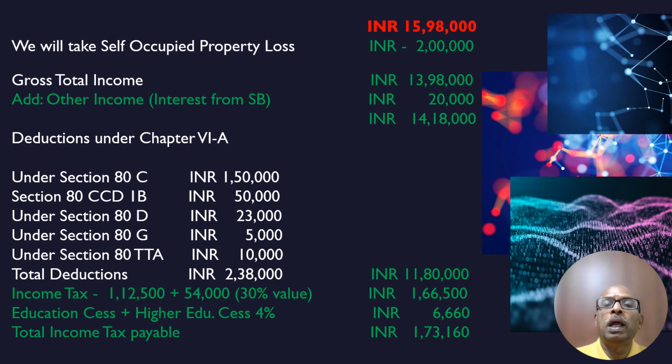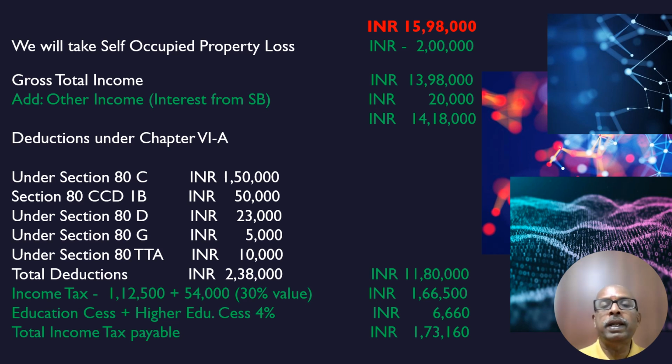Now, in the savings I am deducting 80C: GPF, PPF, NSC, tuition fee, even housing loan principal. There are many such things, but all put together totaling 1,50,000. 80CCD(1B) is the pension, National Pension Scheme.